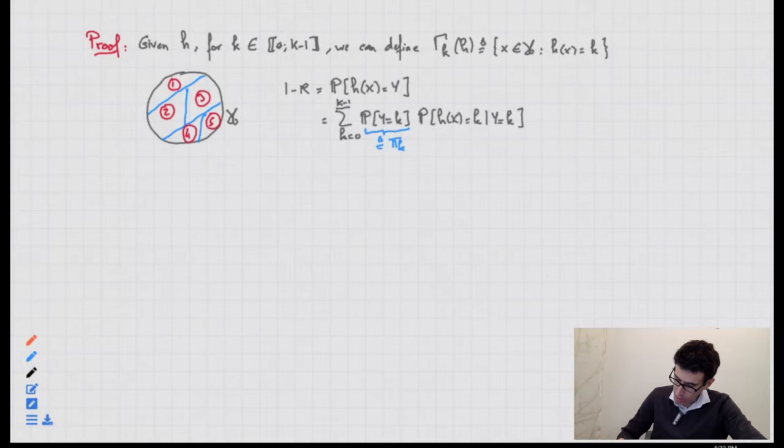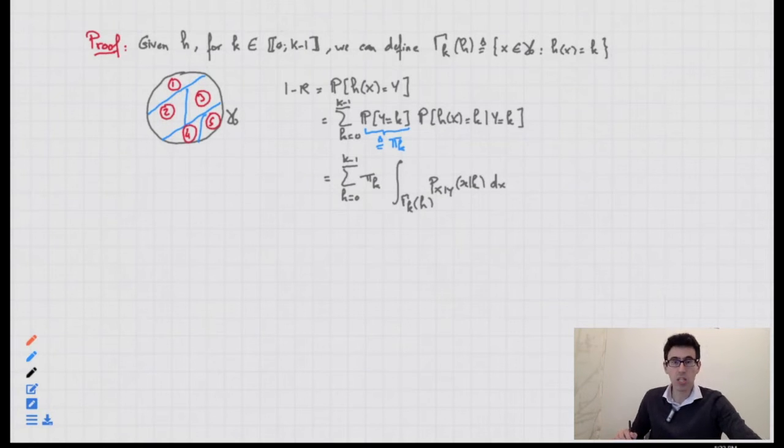But I can express what that is. Indeed, if I expand again, I can write that as the sum from k equals 0 to k minus 1 of pi k. Now, what is the probability that h of x is equal to k given y equal k? I don't know, but I can express that as the integral over the decision region gamma k of h of the distribution p x given y of x given k dx.